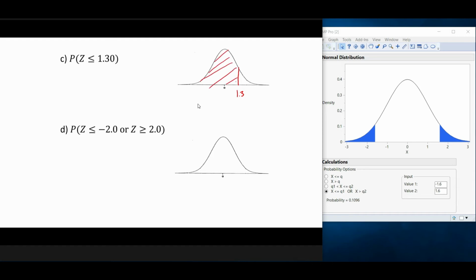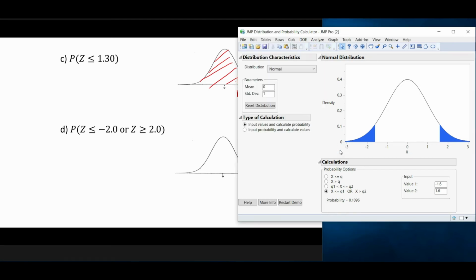Okay, so I'm going to keep that in mind as I select the appropriate value and probability option from JMP, and I'll put in 1.30. That gives me everything below 1.3, and that is 0.9032.